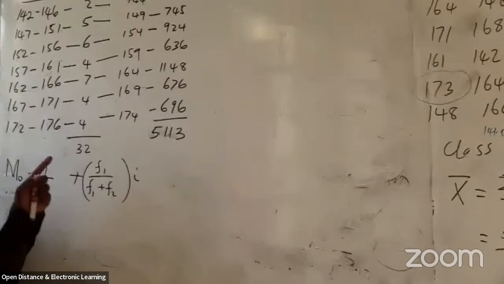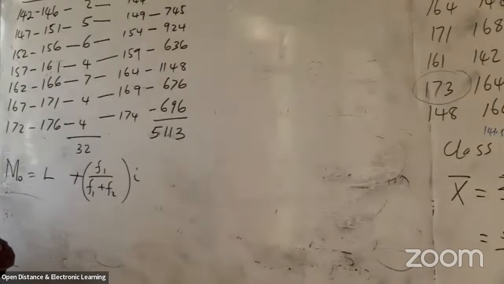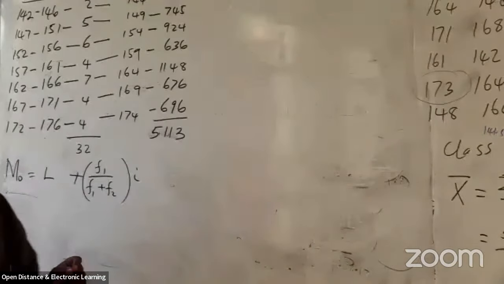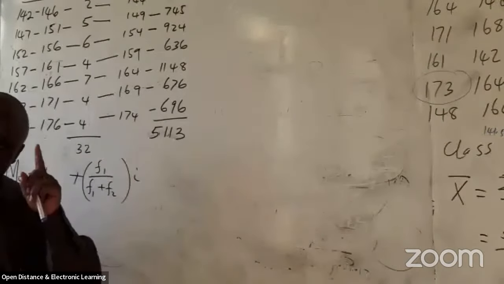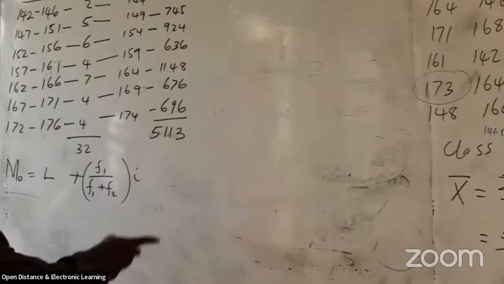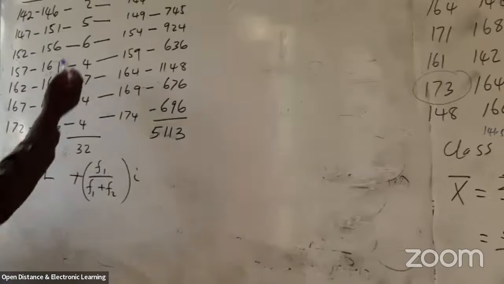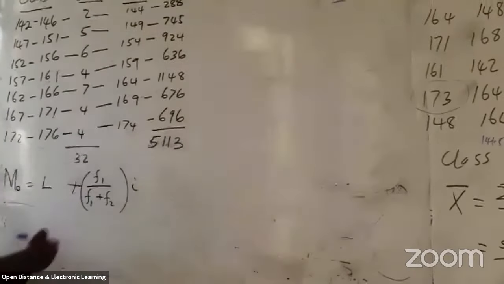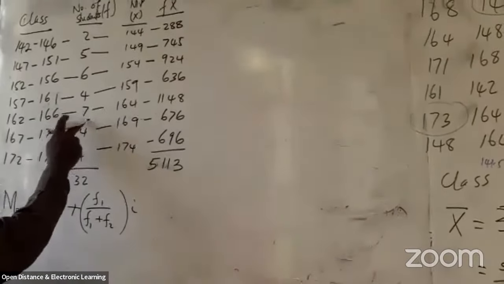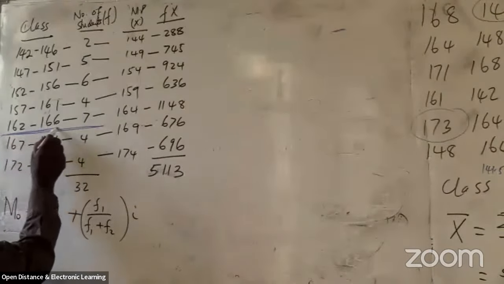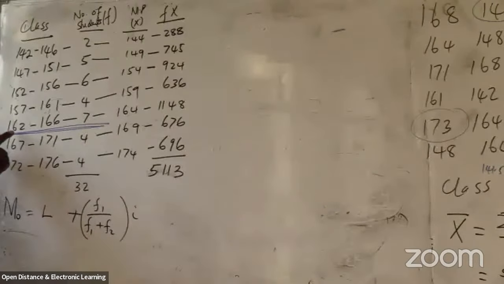So what we need to do is to identify the modal class. What is a modal class? A modal class is that class that has the highest frequency. So we look through our table. We have the frequencies given. Which one is the highest? The highest here is 7. So 7 corresponds to the interval 162 to 166.